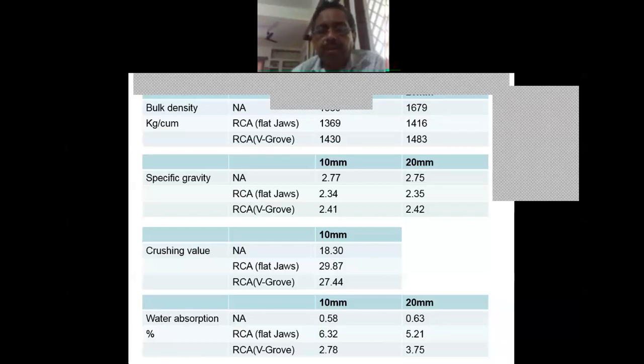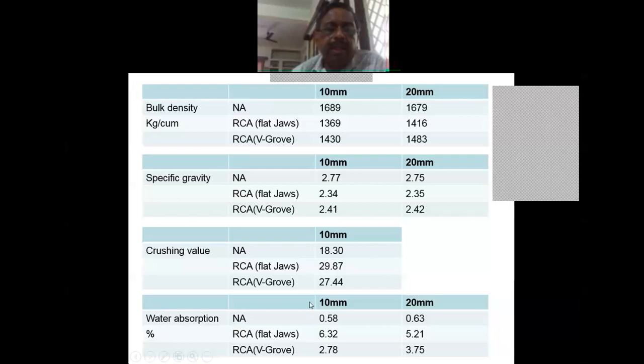So there is no direct rule that you can just replace the material 25%, 50% or 100% as it is, because bulk density and specific gravity and other things will matter in the proportioning of the concrete mix. So that has to be accounted for properly. You have to take care of the recycled aggregate properties in the mix design, and they vary with the raw material and processing.